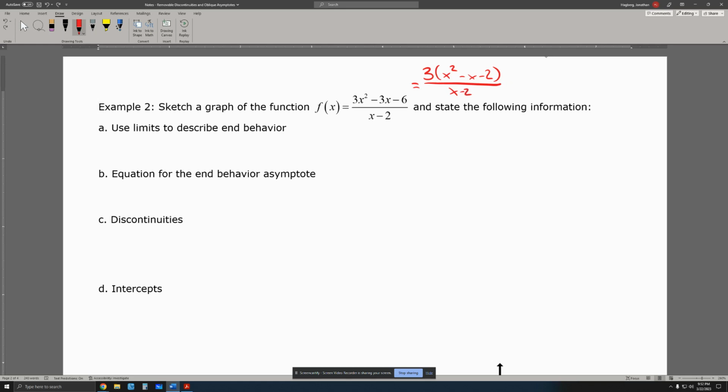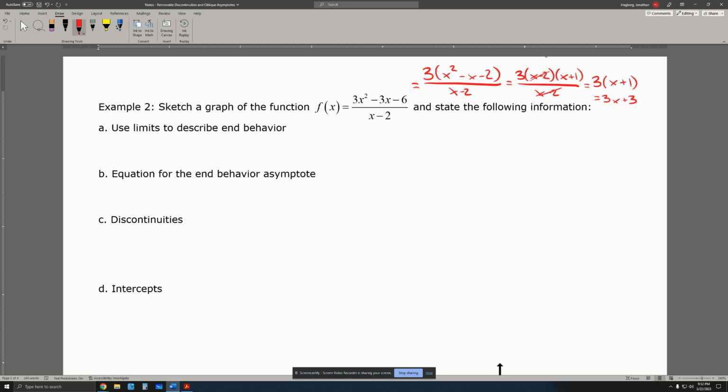Notice that that quadratic trinomial can be factored further, and so we're left with 3 times the quantity x minus 2 times the quantity x plus 1, all over the quantity x minus 2. We've got a common factor of x minus 2, and so when we cancel those out, we're left with 3 times the quantity x plus 1, which if we distribute gives us 3x plus 3.